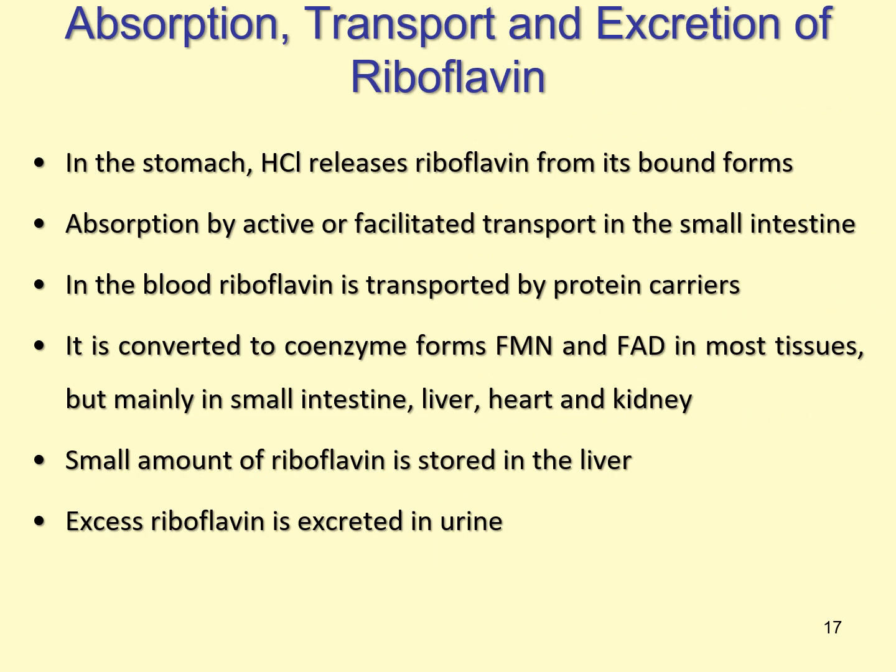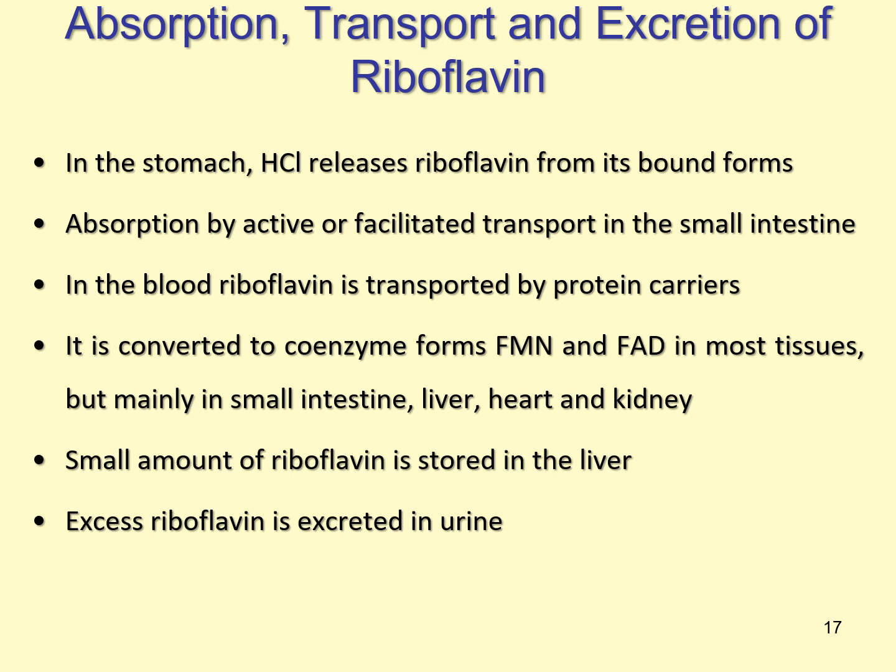When it comes to the absorption, transport, and excretion of riboflavin, in our stomach HCl acid releases riboflavin from its bound forms, and absorption by active or facilitated transport takes place in the small intestine, and in the blood riboflavin is transported by protein carriers. We know that we have different carrier proteins, which are used for transporting these vitamins.